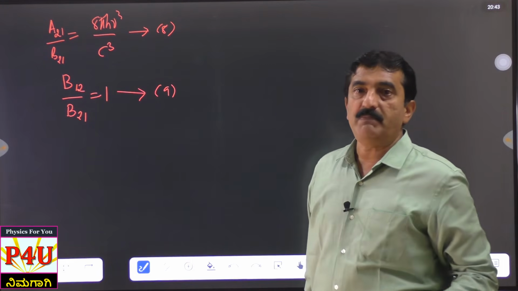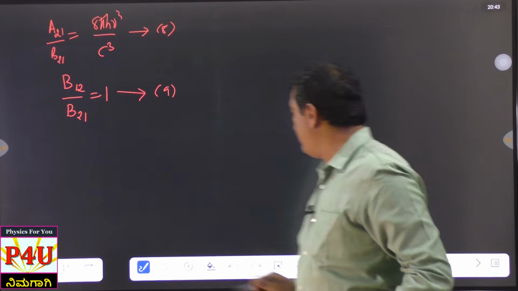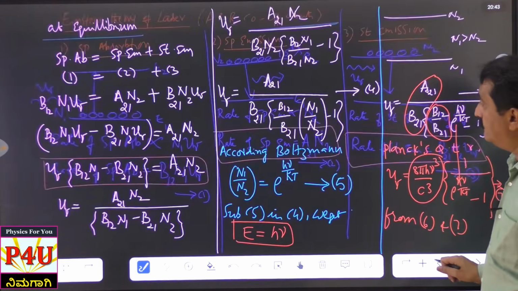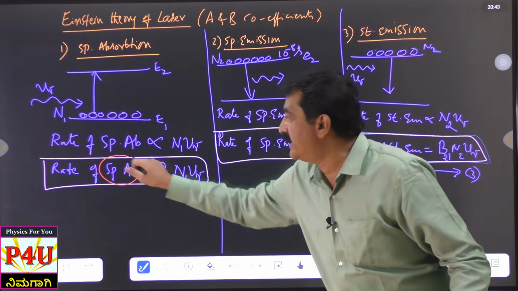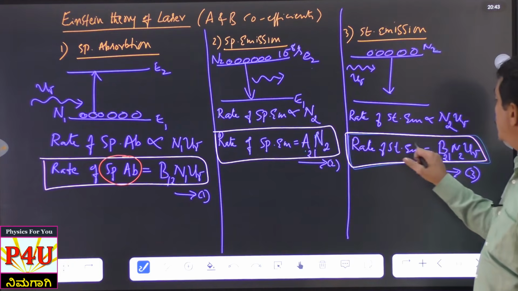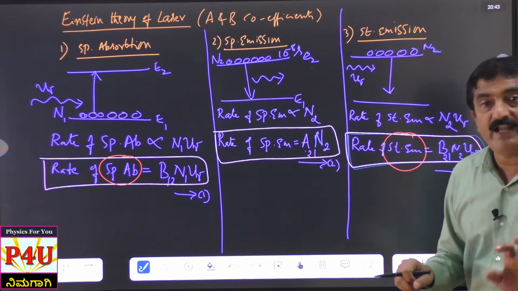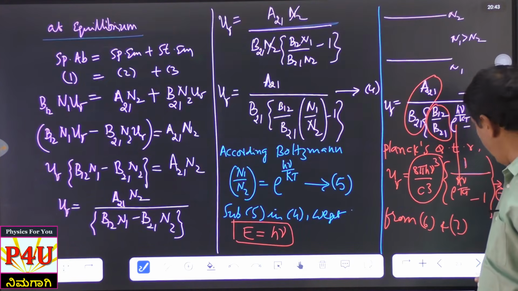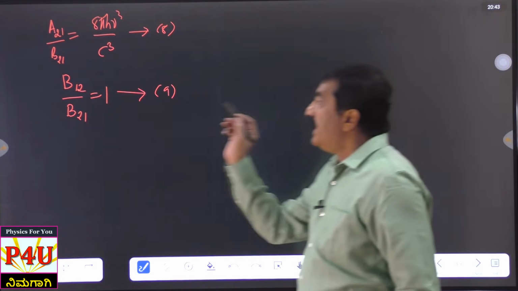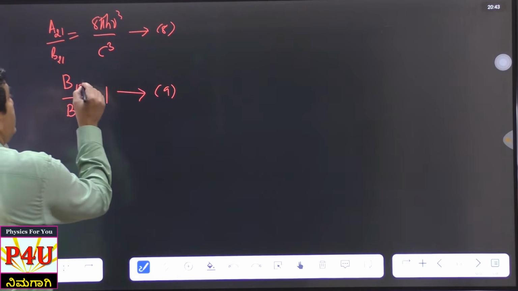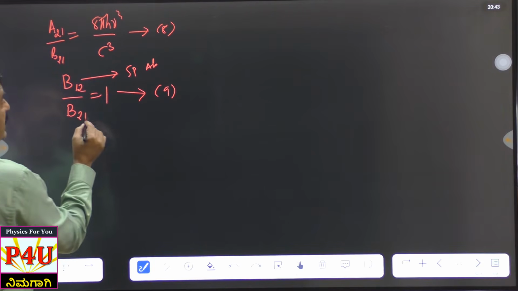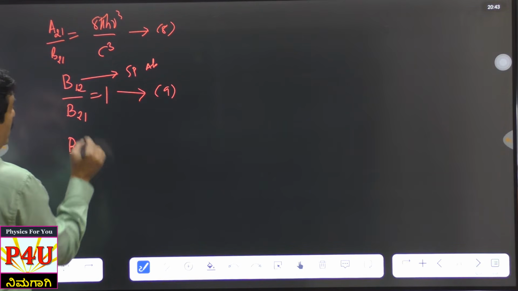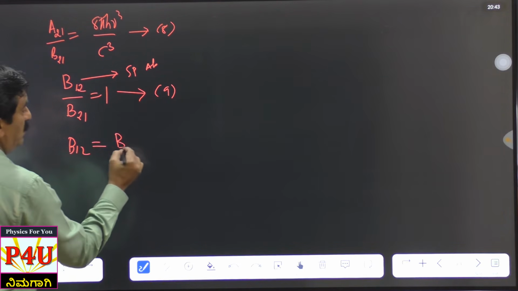What does it actually mean? What is B12? Go back to this. B12 stands for spontaneous absorption. B21 stands for stimulated emission. According to this relation, rate of spontaneous absorption is equal to, you can write it as B12 is equal to B21.